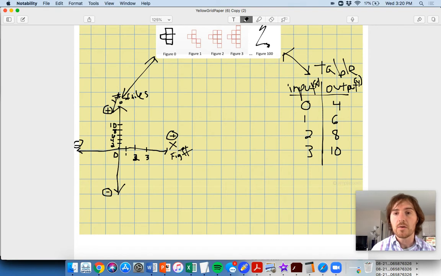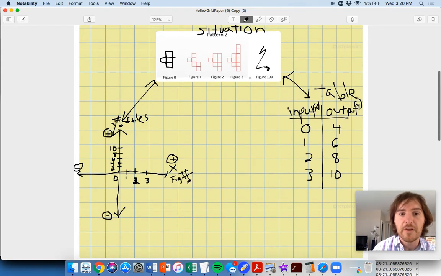So what I'm going to do is, well, we have a point actually at 0, 4. Okay, 0, 4. So I'm going to draw a point right there at 0. X is 0 and y is 4. We have a point right here, okay? At 1, 6, we have another point. So when x is 1, y is 6. So when figure number is 1, the y value, number of tiles, is 6.